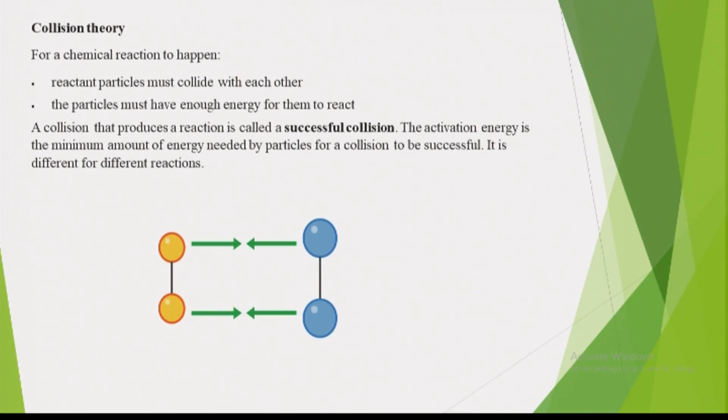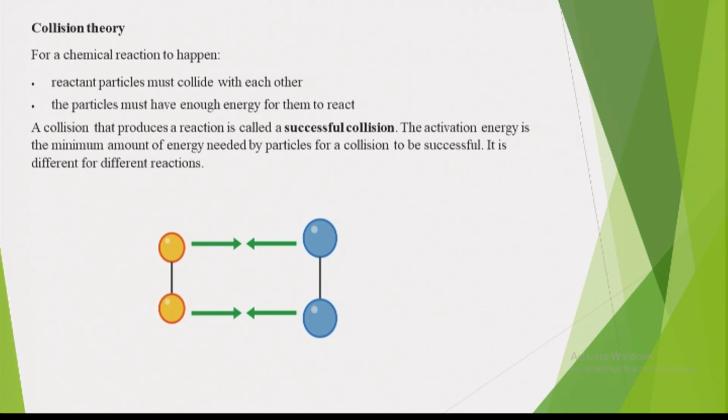We explain that using the collision theory. For a chemical reaction to happen, any chemical reaction, reactant particles must collide with one another. Because particles are in random motion, they collide by chance. The particles must have enough energy for them to react.